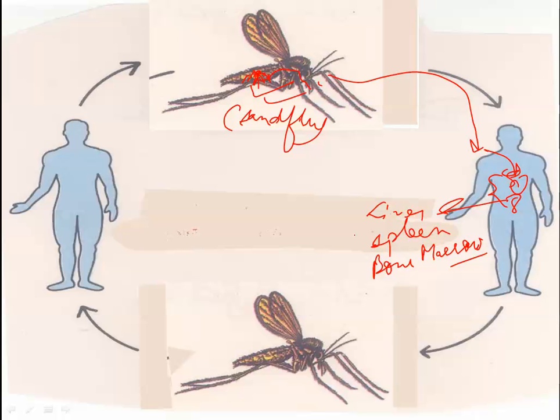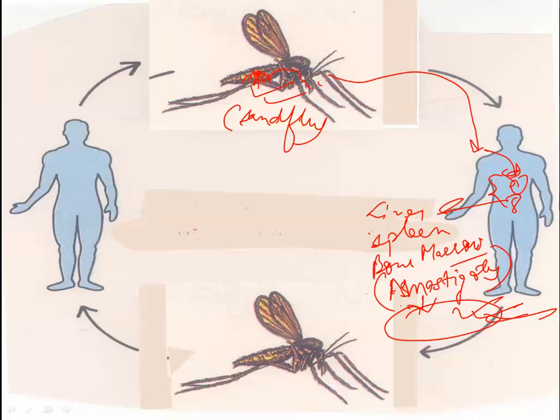When it is inside the humans, the parasite is called amastigote. This is the observable stage that tells us there is infection of this parasite, amastigote.